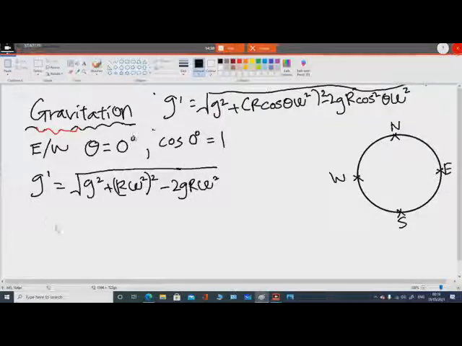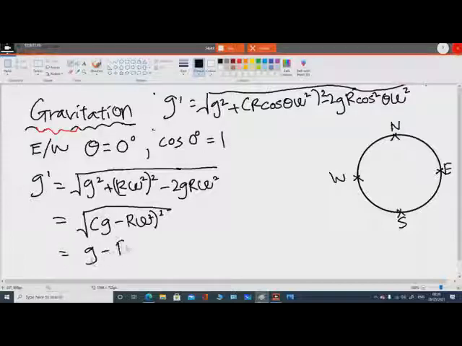So this can be simplified further, which is g minus r omega squared. So this is the final answer, g minus r omega squared.